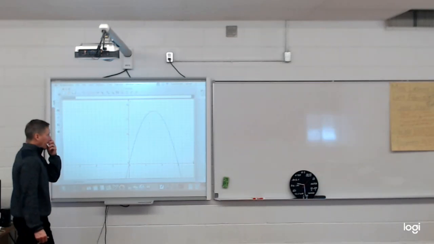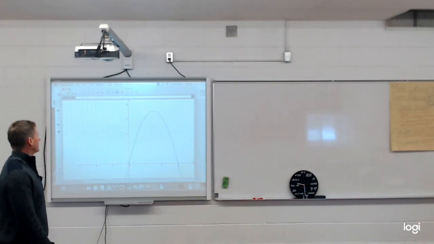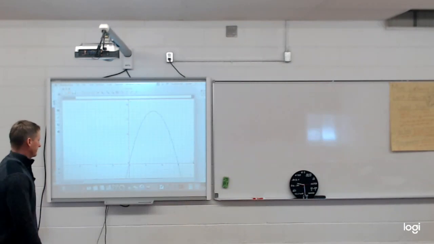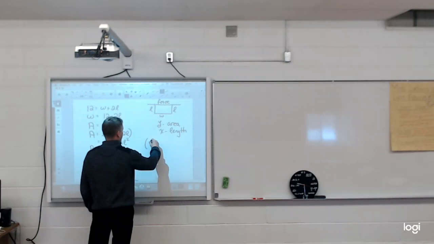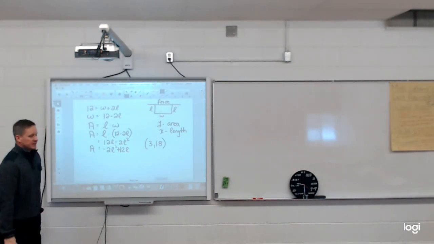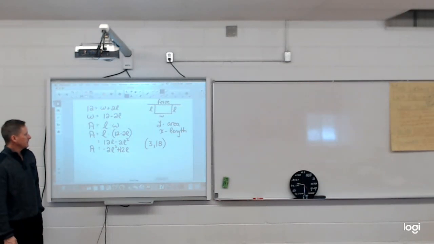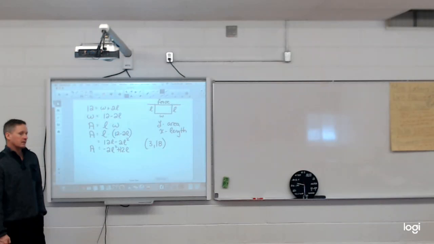Okay. So what is my vertex here? 3 and 18. Okay. So what does that represent here? If my vertex is 3 and 18, what is that telling me? That's my maximum area, 18.